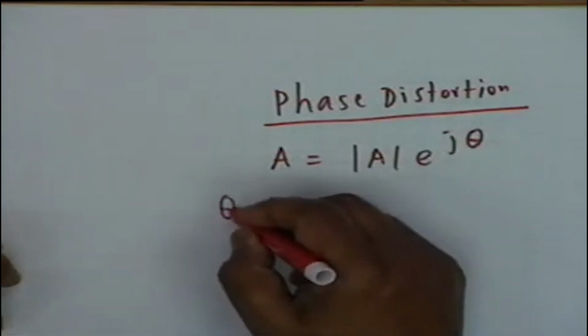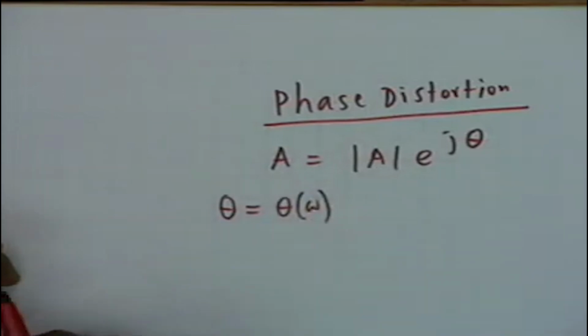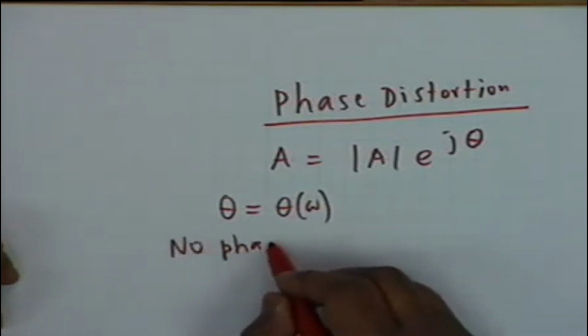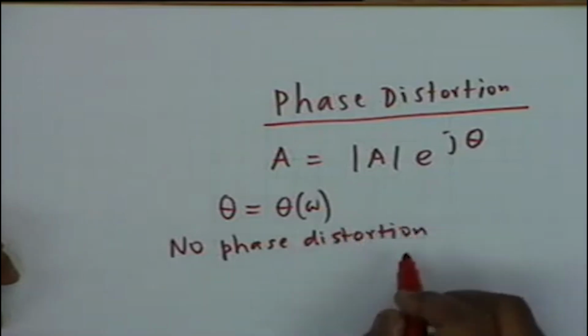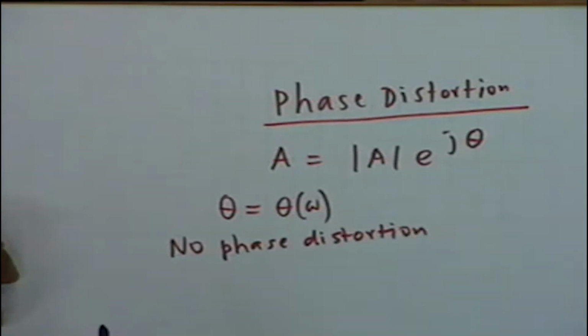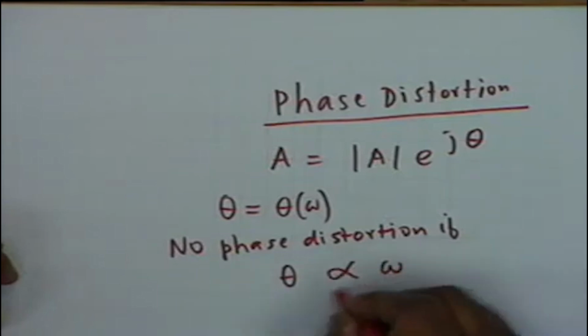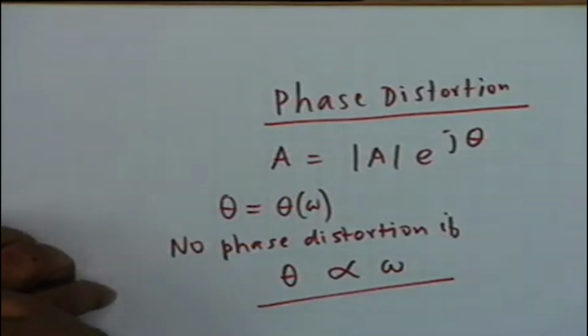Theta usually is a function of omega. No phase distortion shall occur if theta is a linear function of omega, if theta is proportional to omega. All right, if theta is proportional to omega, no phase distortion shall occur.